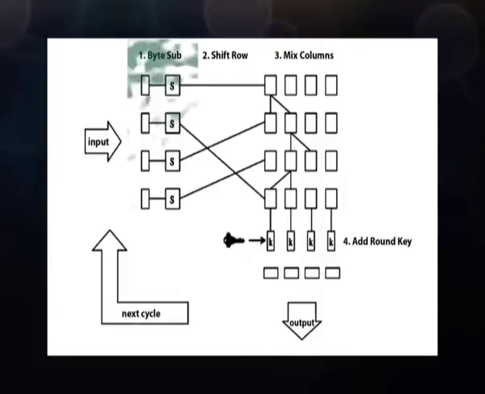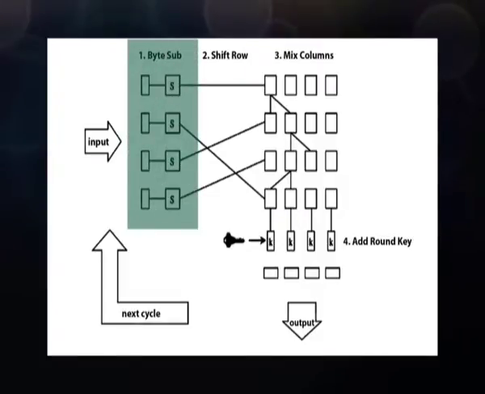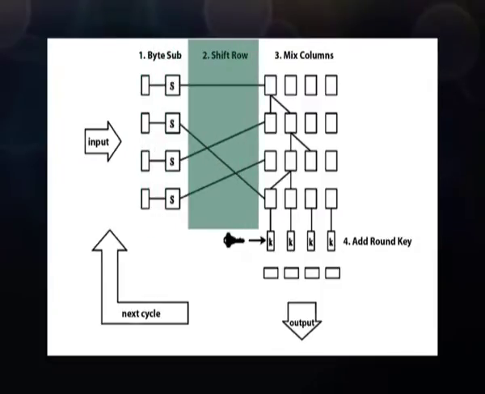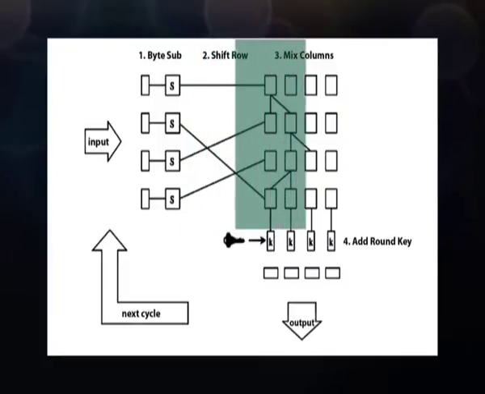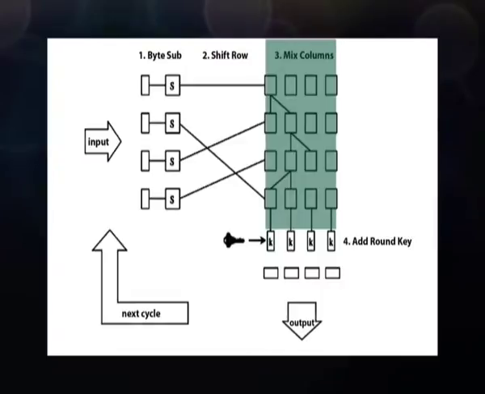First is byte substitution, which is a simple substitution. Second is shift row, in which the rows are permuted by a left circular shift, shifting the leftmost high order elements to the right and low order elements in last. Third is mix column, in which a complex transformation on the columns is applied.